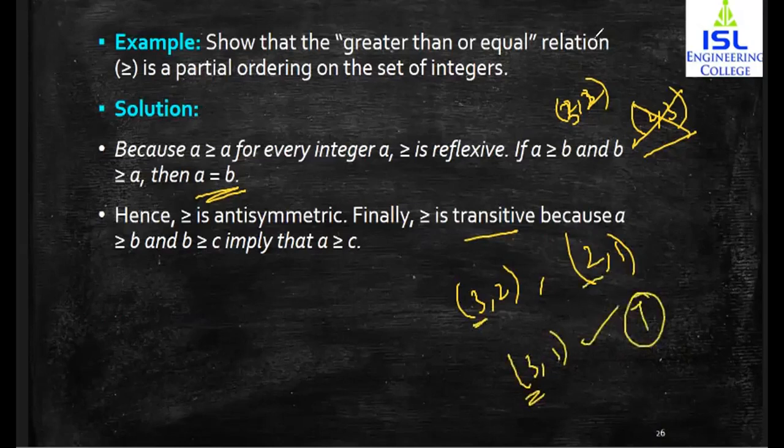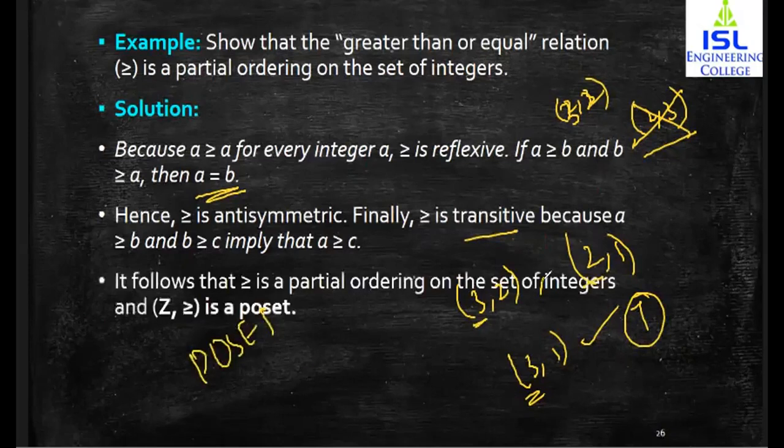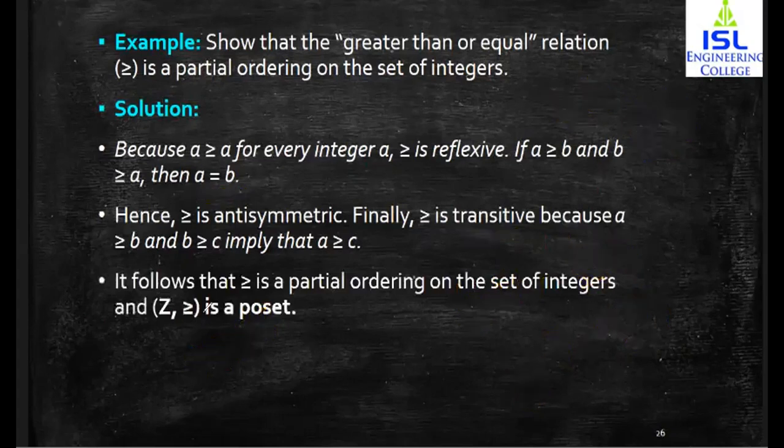So your greater than or equal to relation on the set of integers is a partial ordering, also known as a poset. It follows that greater than or equal to is a partial ordering on the set of integers, and (Z, greater than or equal to), that is your set of integers along with the condition greater than or equal to, is a poset.